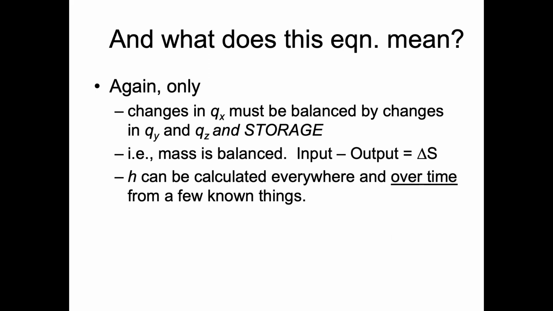So mass is still balanced, right? We have our inputs minus our outputs, which are now equal to a change in storage. And this goes back to the very first lectures that we had.